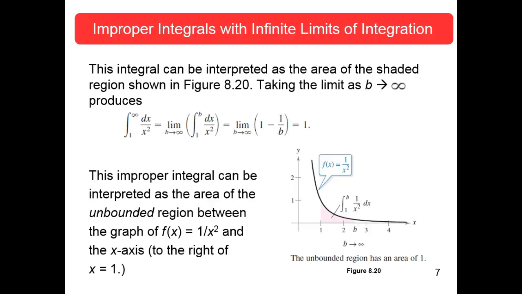But sure enough, this would have an area of 1 under here. Okay? It's close to 1 here, and then that fraction gets so much smaller. So that improper integral can be interpreted as the area of the unbounded region between the graph of 1 over x squared and the x-axis. And that does have a limit, and that is 1. Okay?